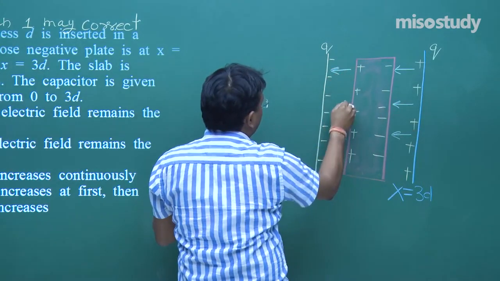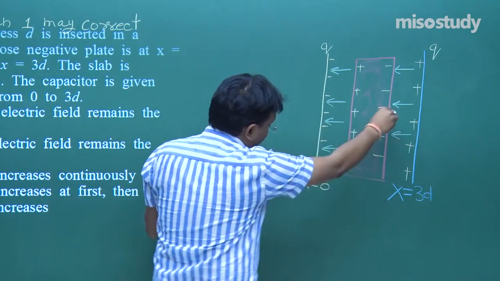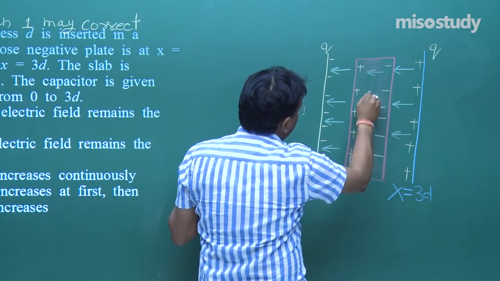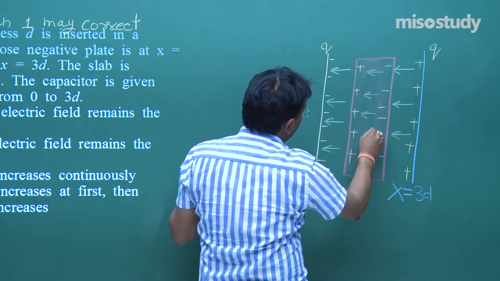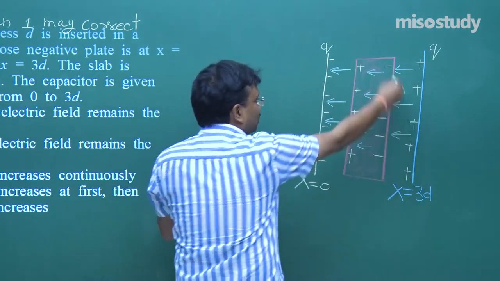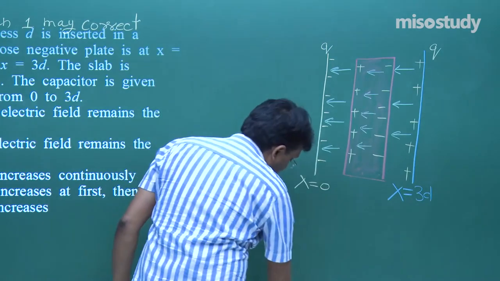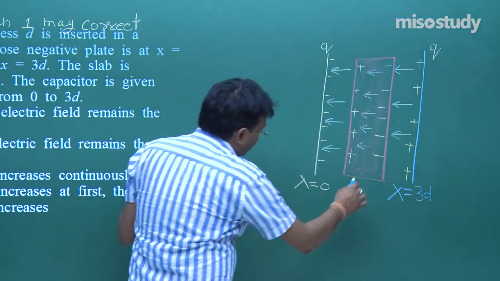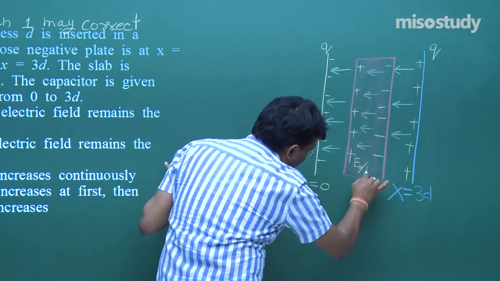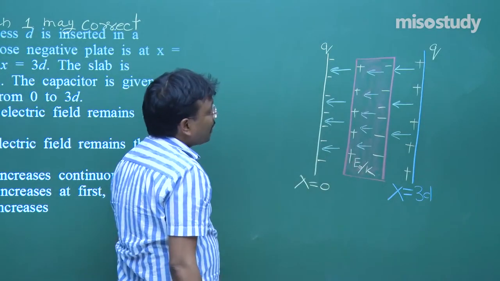These arrows are showing you the electric field, and inside the dielectric the field is like this. A few of you may get confused, I know that. For this dielectric, please revise the basics. Now it is E naught by K inside this. K is the dielectric constant basically.